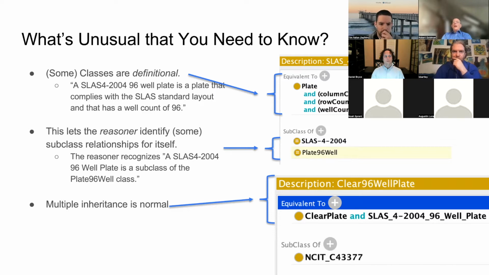And then another thing that's unusual is multiple inheritance is normal. Okay, it's a normal thing to do. So for example, here we have a clear 96 well plate, and that's defined as a plate that's clear and that is a slash 96 well plate.